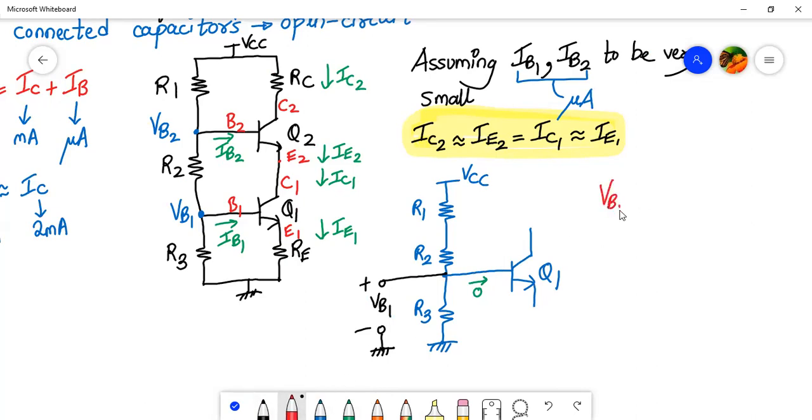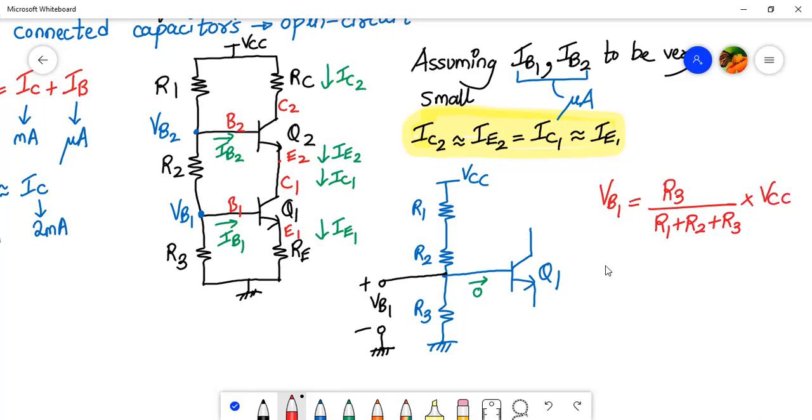VB1 will be equal to R3 divided by R1 plus R2 plus R3, into VCC. So that's the value of VB1.